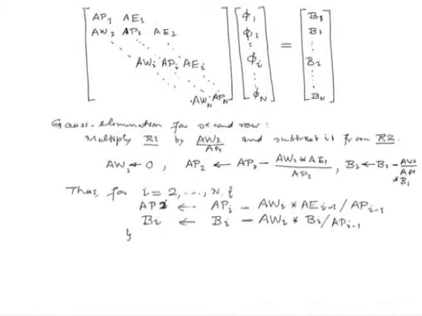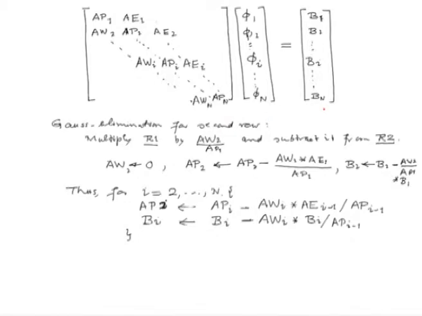So, once we have completed this forward elimination, how do we obtain the solution? In the last row we are left with only one entry, that APn phi n is equal to Bn. So now our solution is obtained by back substitution.